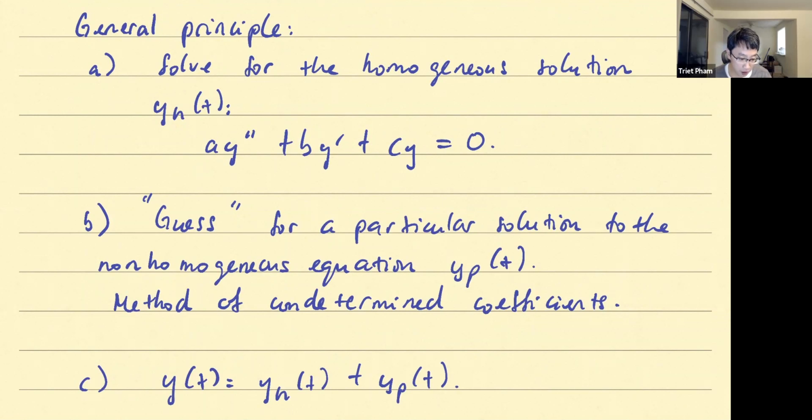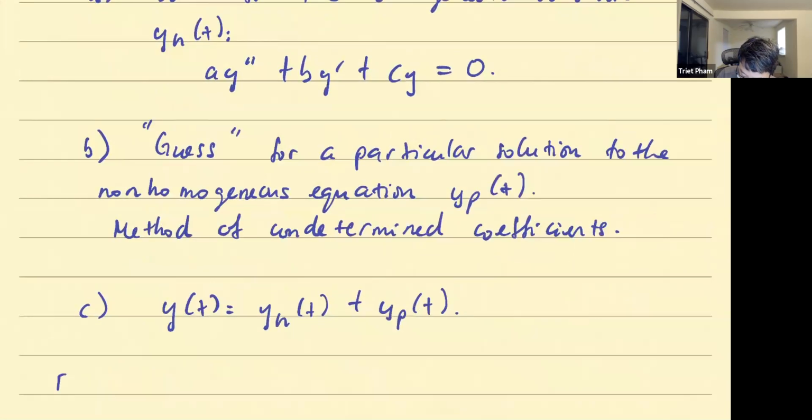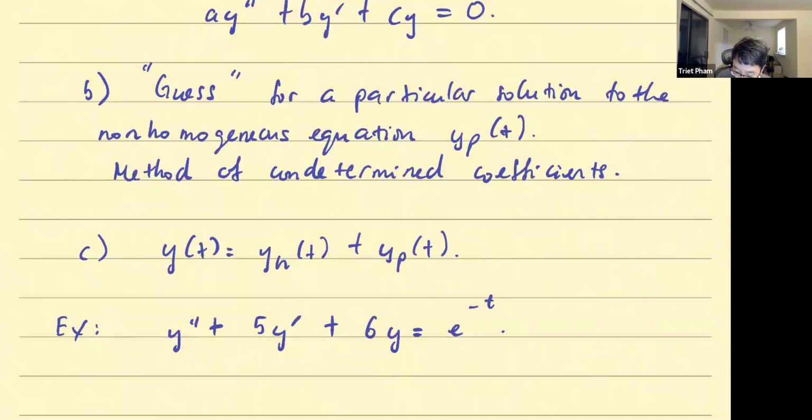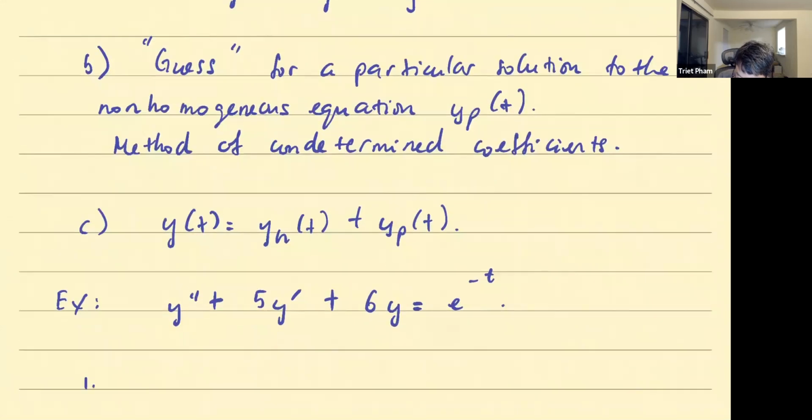I think it's easiest just to look at an example. The example here says y double prime plus 5y prime plus 6y is equal to e to the minus t. First, you solve for the homogeneous equation, equal to 0.